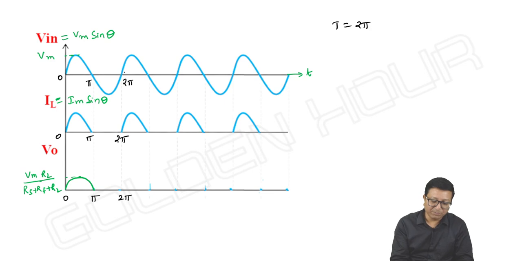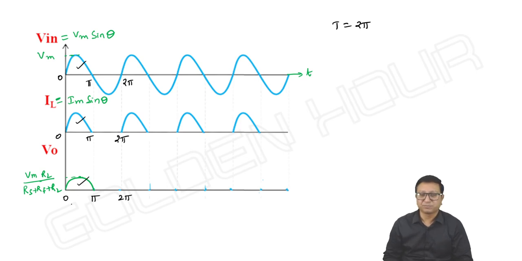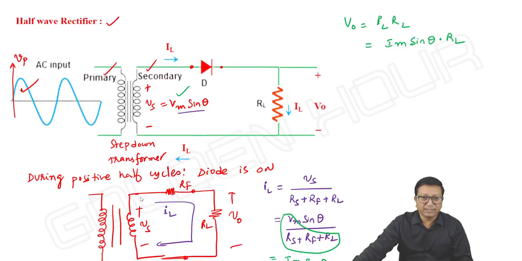And of course from 0 to pi I showed this is secondary voltage, IL and V output. Then during the negative half cycle the secondary voltage is negative.